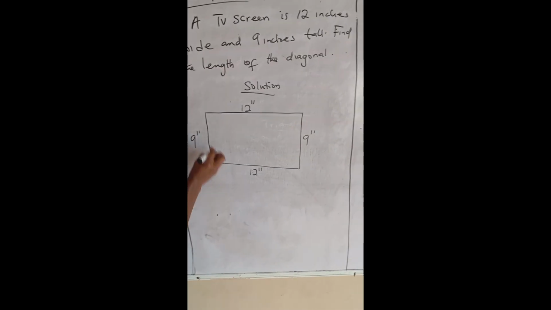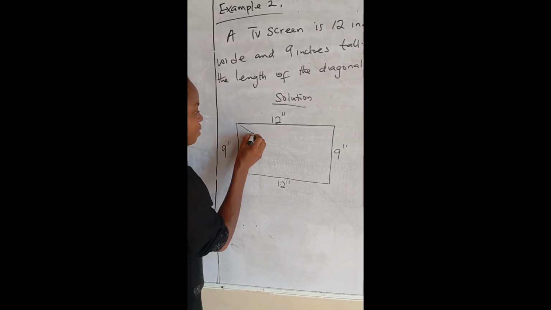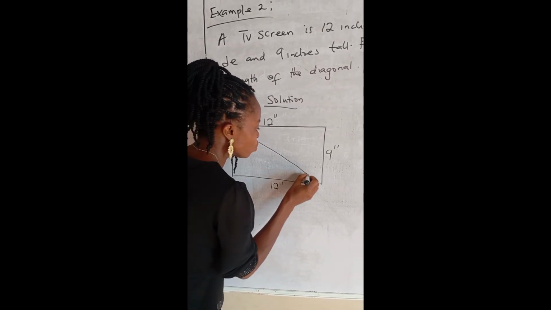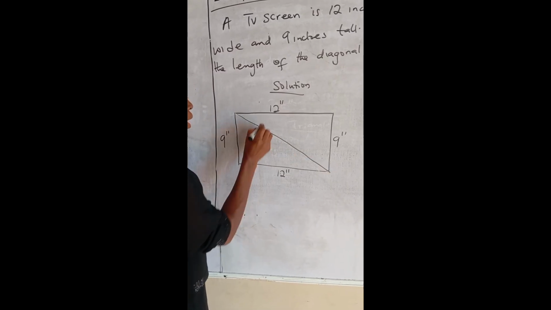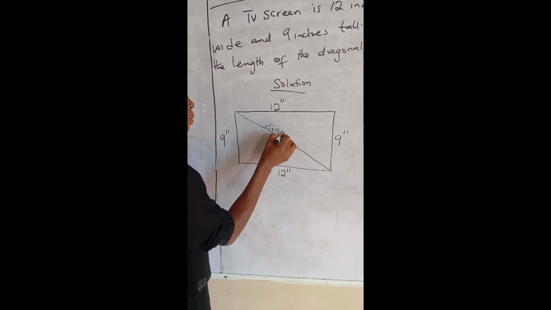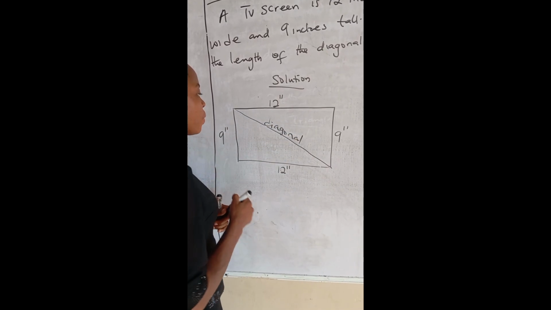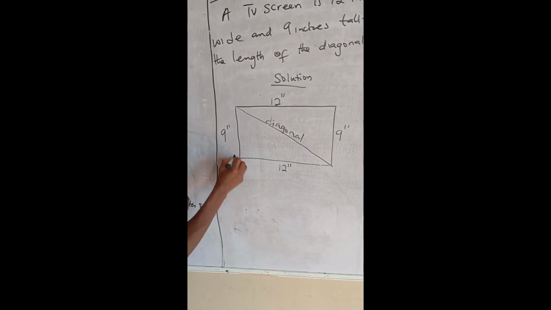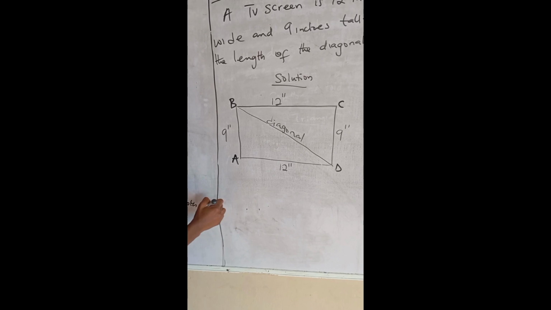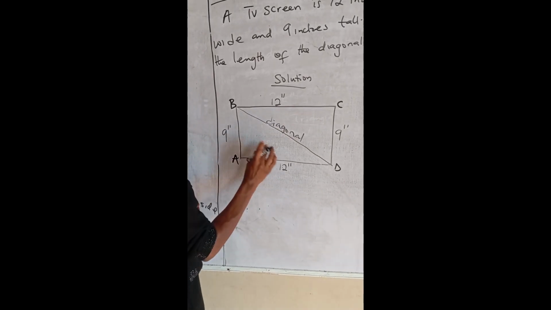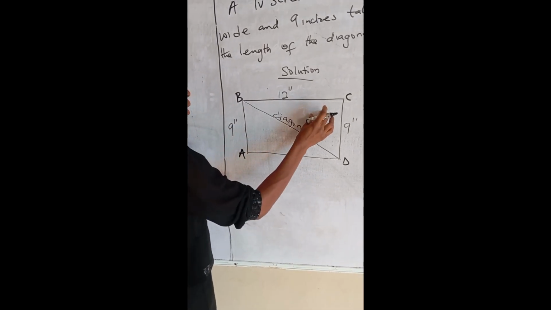What is a diagonal? A diagonal is a line that divides a shape into two equal parts from one vertex to the other. This is a diagonal. Now, let's label it. This is A, B, C, and D. We are going to consider one of the triangles. We have triangle 1, triangle 2.